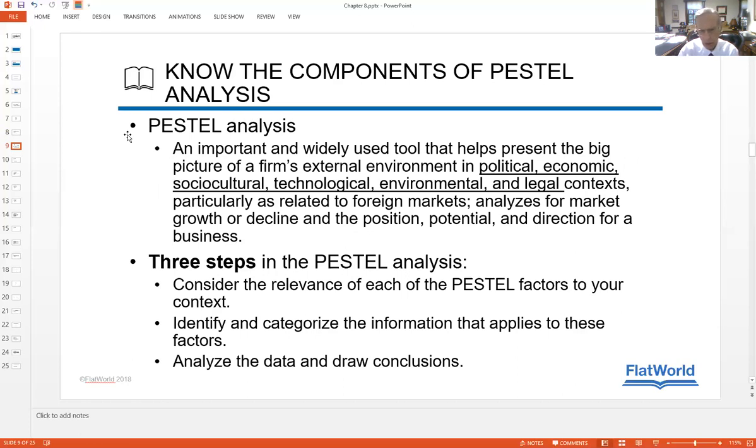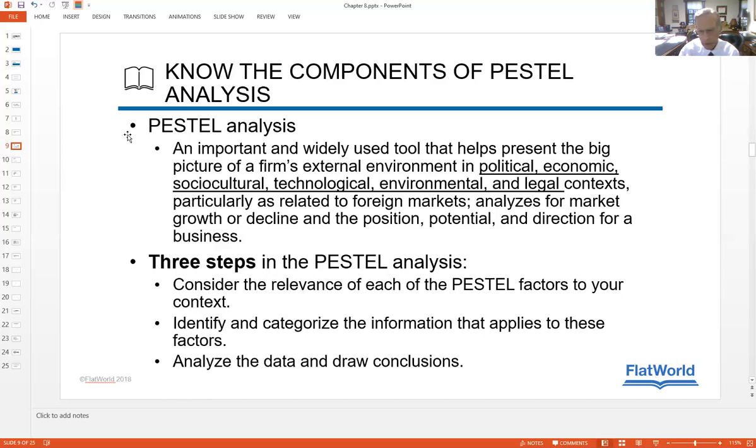And really, this is an exploded version of Porter's diamond. Remember, Porter's diamond, if you've gone through Chapter 10 with me, talks about the factor conditions, demand conditions, related industries, and rivalry. Here, instead of 4 dimensions, we look at 6: political, economic, sociocultural, technological, environmental, and legal.